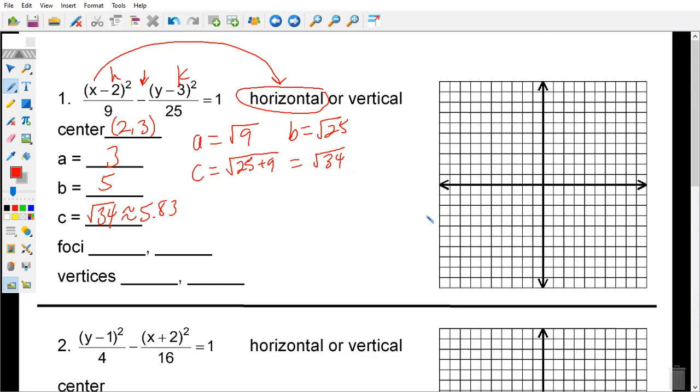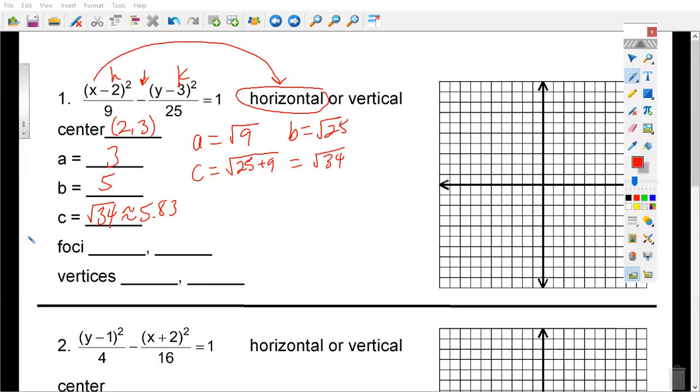Okay, your foci. Remember, your foci are going to be your h plus or minus your c. So our h is 2, our c is 5.83. So 2 plus 5.83 gives us 7.83, and our k is still going to be 3.